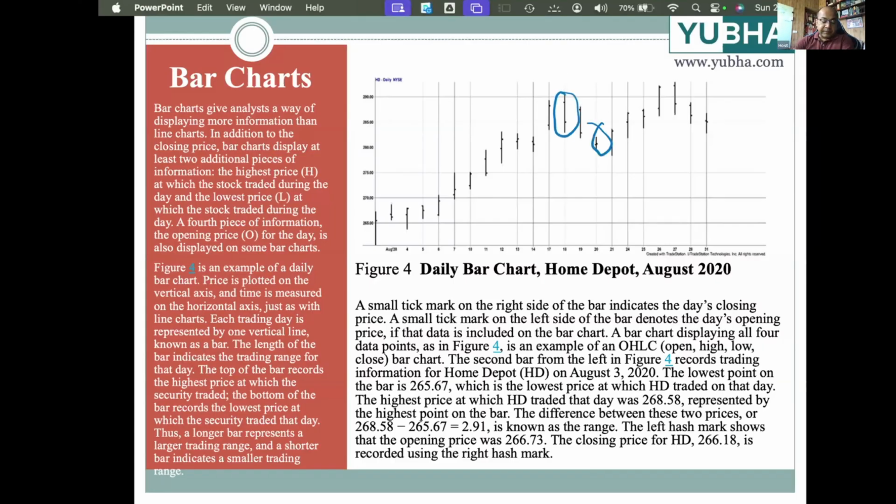So if it's something that's moved up, the bar would have green color. Like this bar will have a green color starting over here, closing over here, but all of them would be in green color. So on a charting platform, you can actually distinguish whether it's gone up or down. Yeah, thanks, Nikhil, for that.